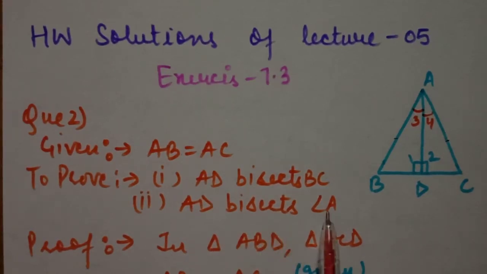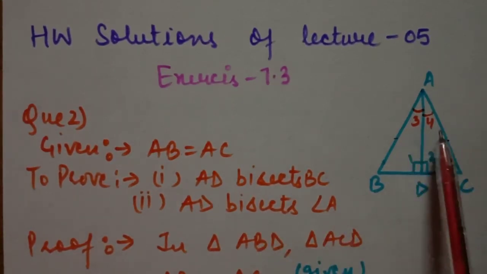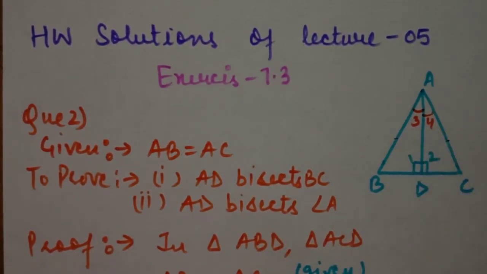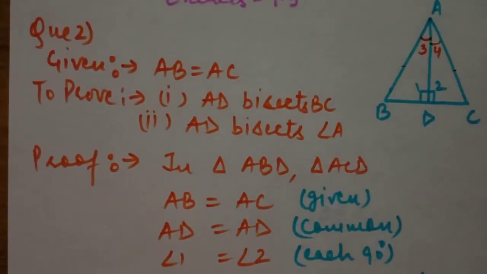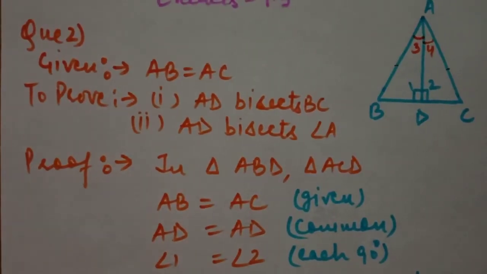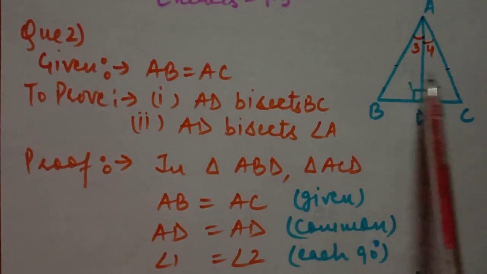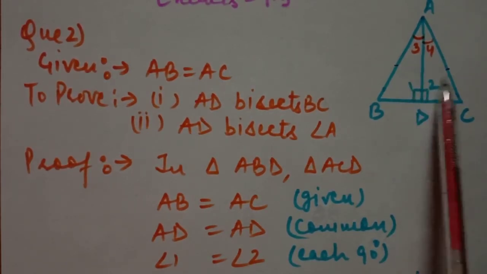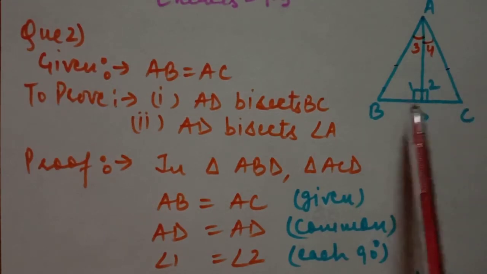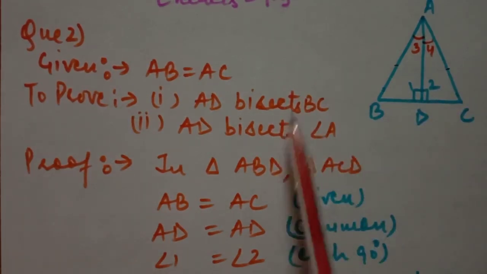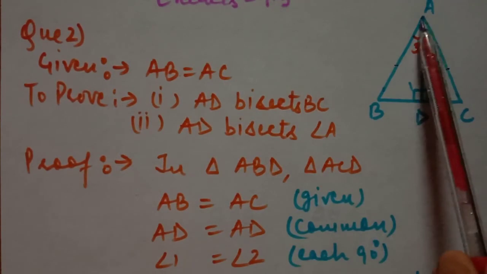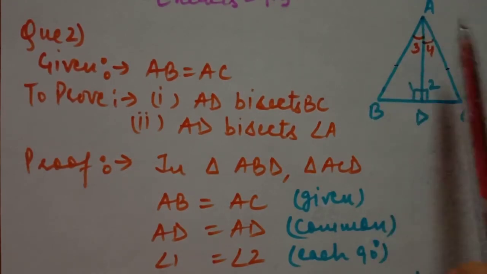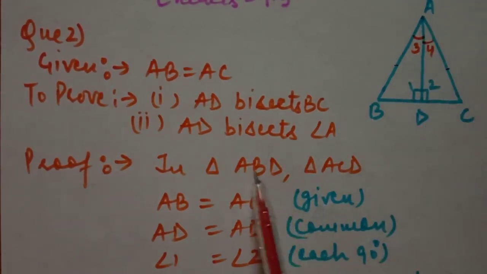AD bisects angle A means we have to prove that angle 3 and angle 4 are equal to each other. So students, this question is very easy. We have two small triangles. We have to make them congruent and then we prove these two parts. In triangle ABD and triangle ACD, you have to mention the triangle names.